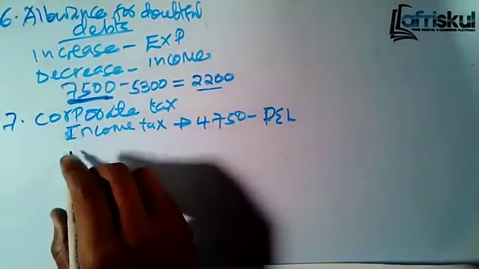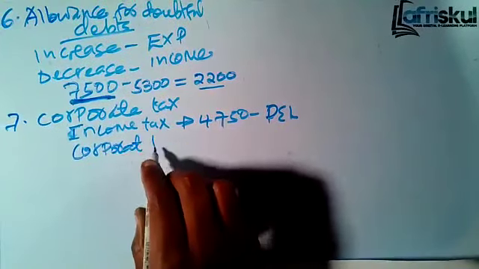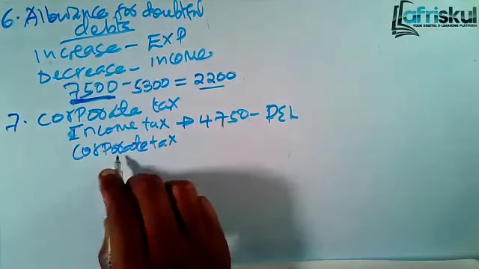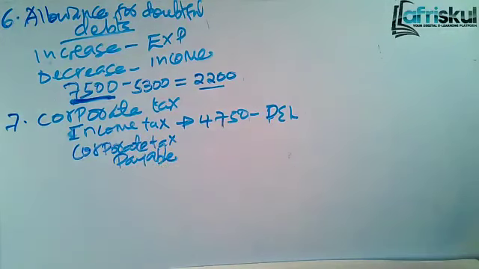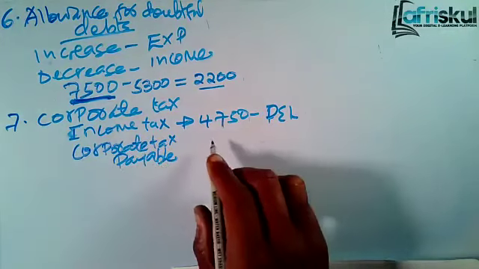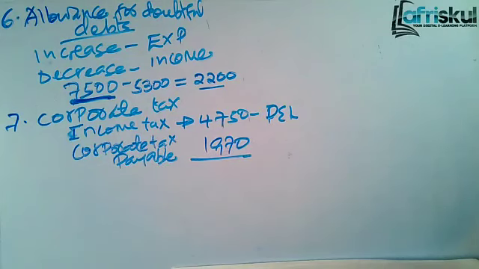So we'll also add this corporate tax payable of shillings 1970 to what we'll be able to take to the statement of financial position.